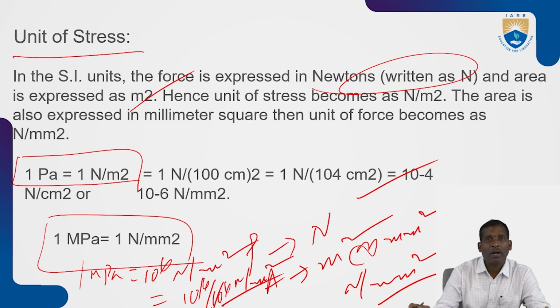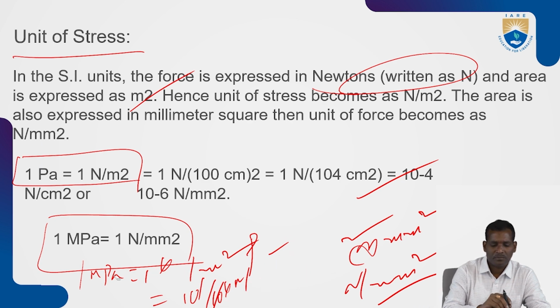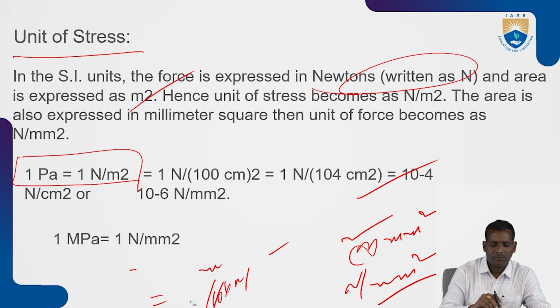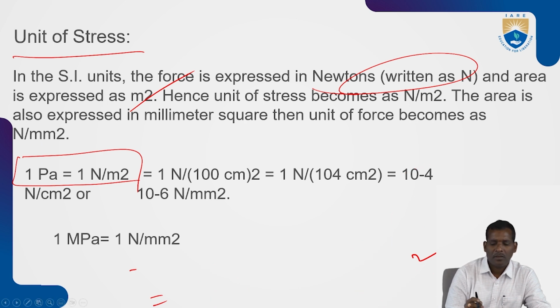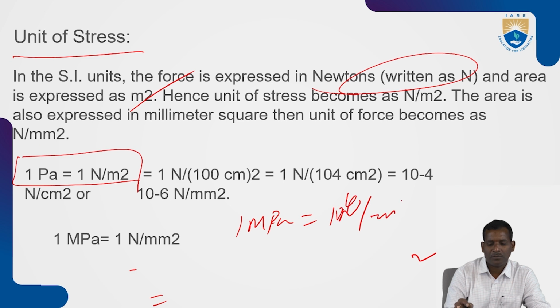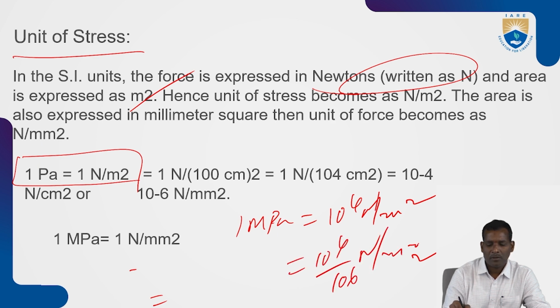You will get 1 Newton per mm square. Clear?